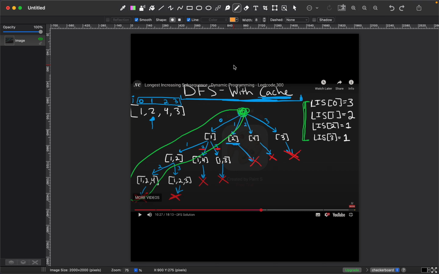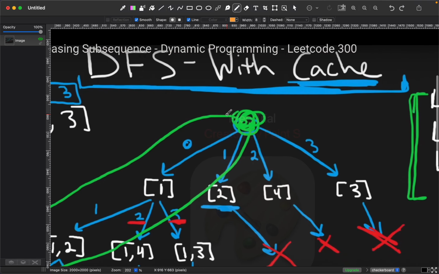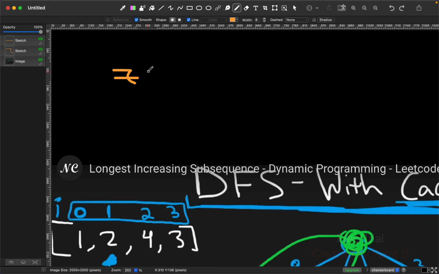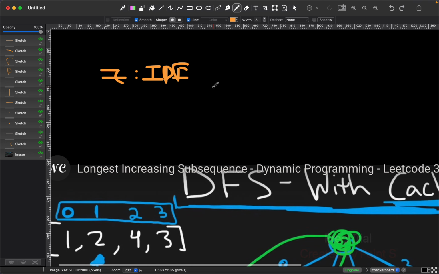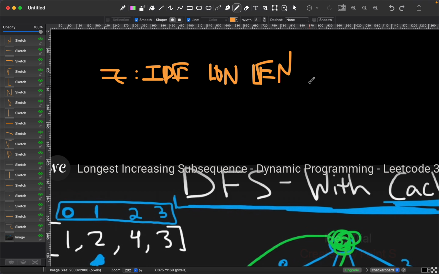So what's gonna happen is that each item operation Z has its own identifier, and for this case this identifier is that we want to find the longest, and basically it also just means that I want the longest length, and that's the goal.